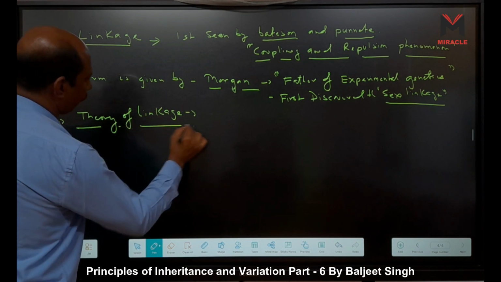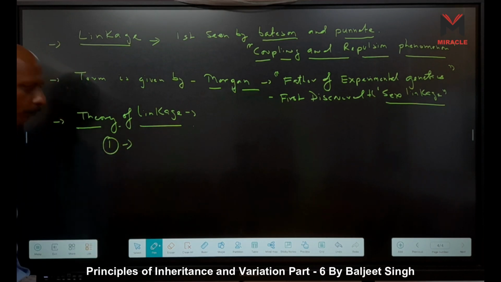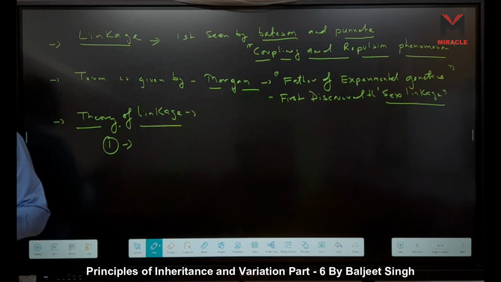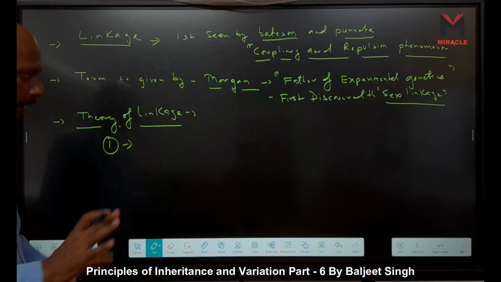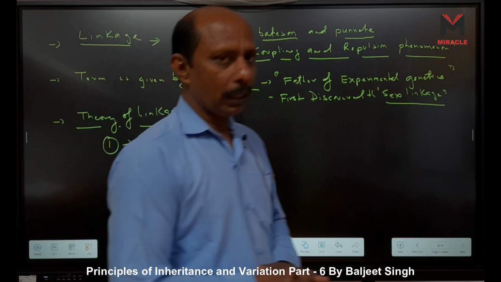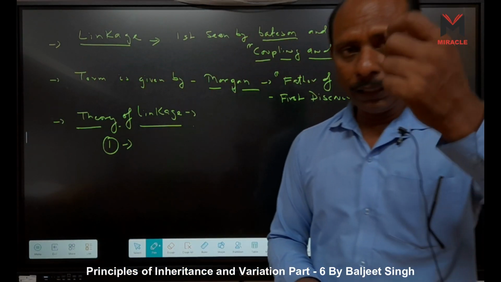So first, what are the properties of linkage? First, genes are present in chromosomes, and these genes are linearly present.